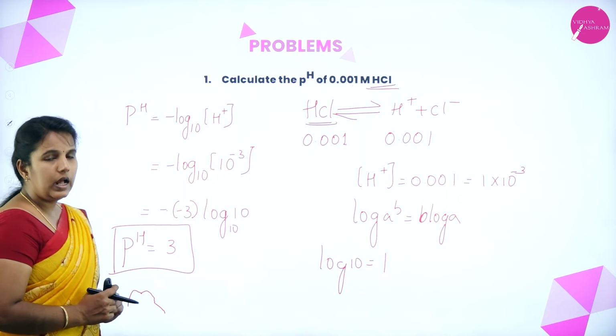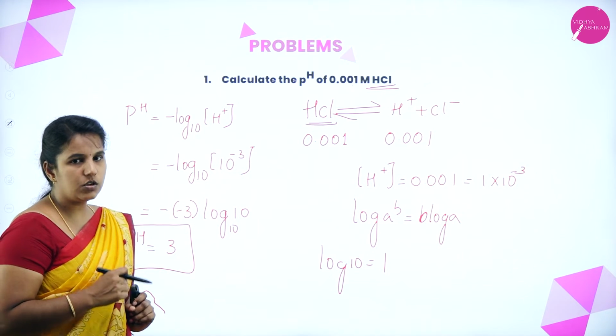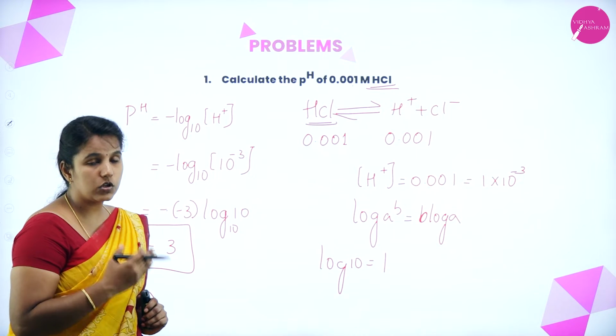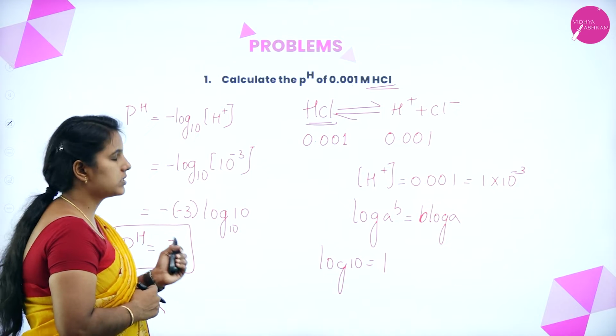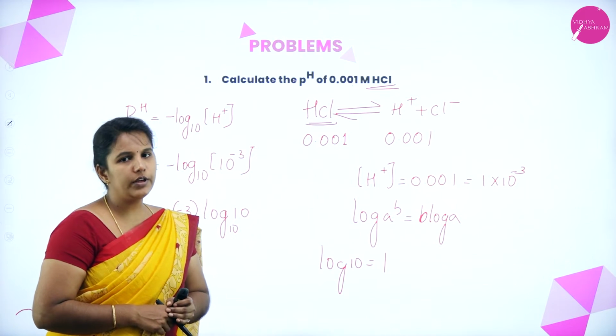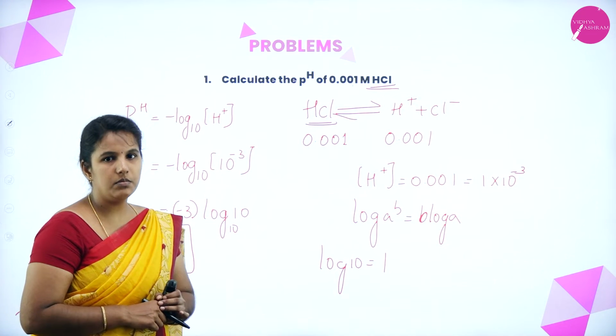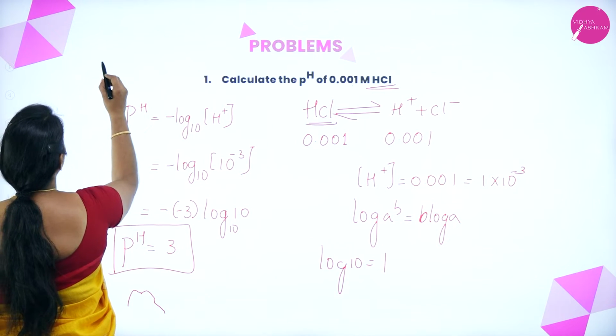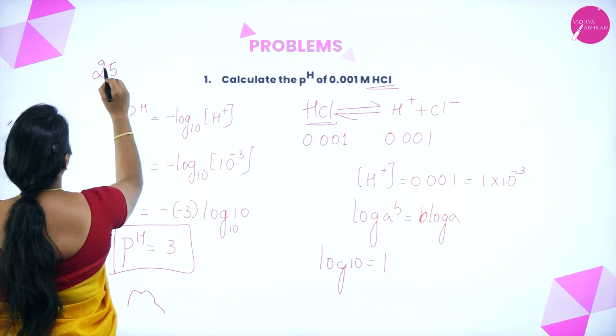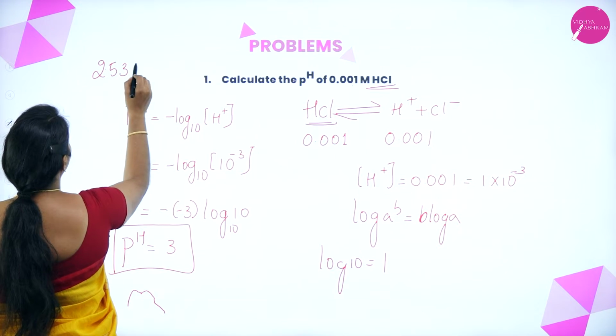And how do we solve the problem if they have given the ion concentration in a different form? You need to go with the logarithm table. Suppose my log table value is 2.532.